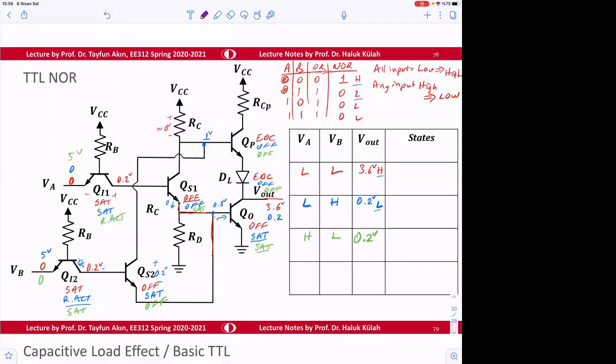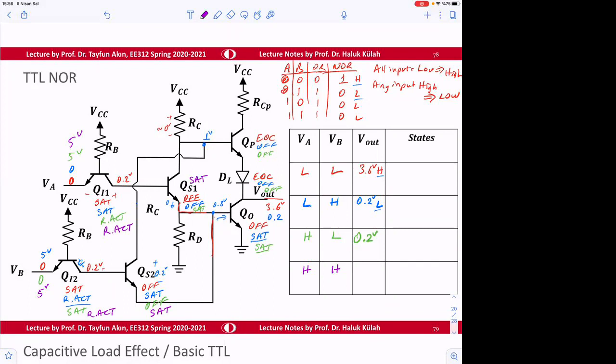So let's look at the last case, the high case. For the high case, this will be 5 volts. This will be reverse active. And if that is reverse active, this will be in SAT. This is 5 volt, and this is going to be reverse active, and then this will be SAT due to that.